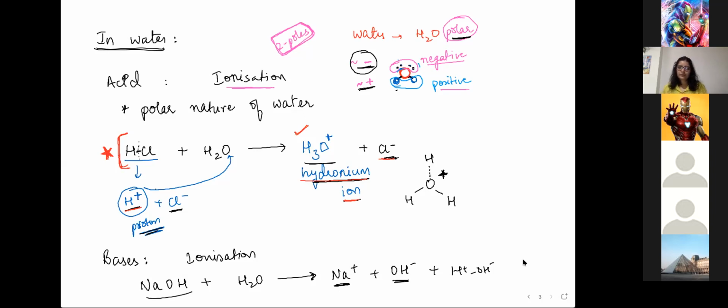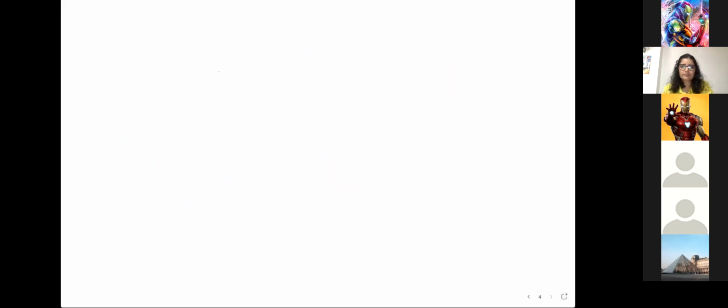I can't see the products properly. Shakti, you're not completely audible. Can you repeat that? Could you write the products of the NaOH plus H2O equation again? Okay, I'll do it on the next page in case it's not visible.